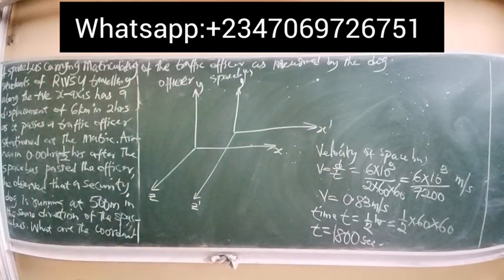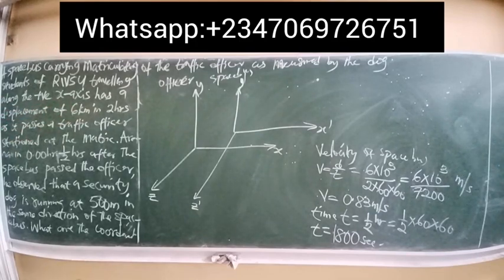So half an hour after the space bus passed the officer, he observed that a security dog is running at 500 meters in the same direction of the space bus. So the officer is the observer. Not forgetting that the space bus is running in the x-axis.